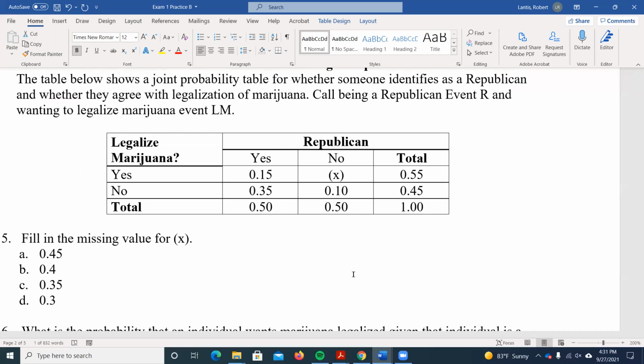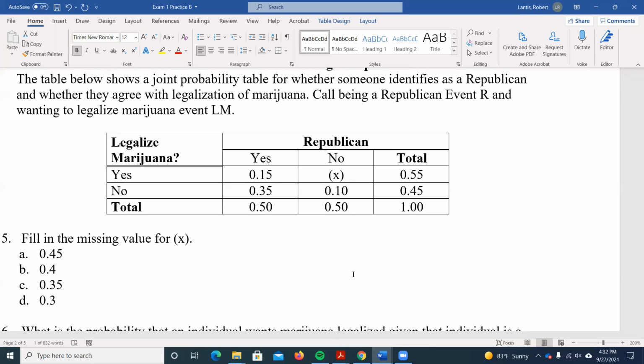The way we would really write it notationally is, what's the probability that someone doesn't want marijuana legalized? So I'm just going to call that LM complement, right? And the intersection, that term "and" means the intersection with not being a Republican. Well, if R is being a Republican, our complement would be not being a Republican. So what work do I have to do here?